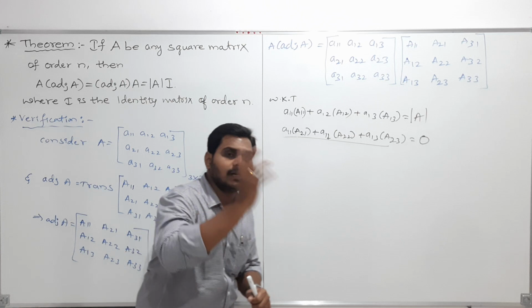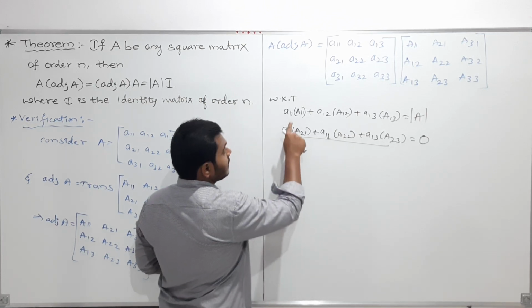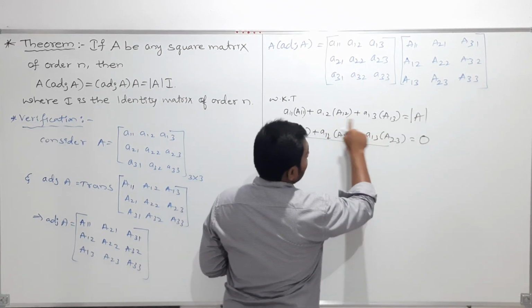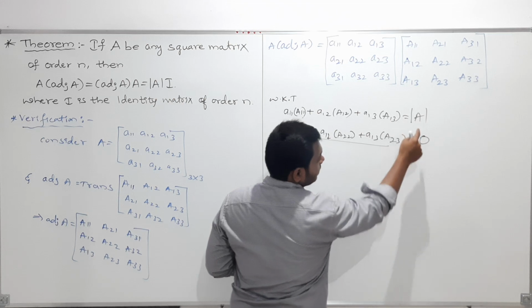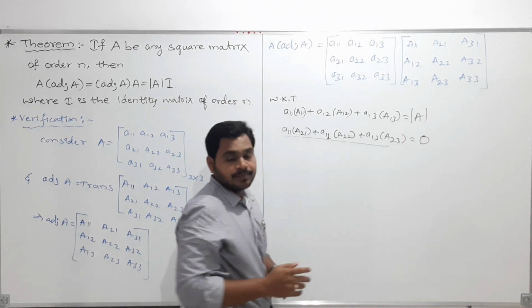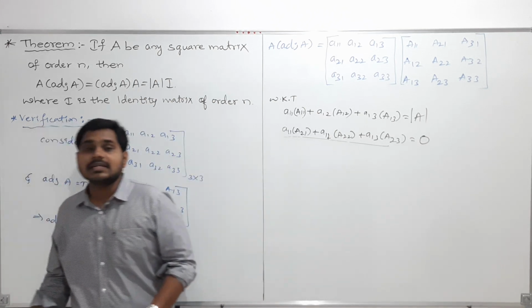So instead of remembering all this, remember: if the subscripts are the same as the cofactors', you get the determinant value. But if the subscripts are different, then that value is equal to 0. These are the two results we discussed in the previous videos.